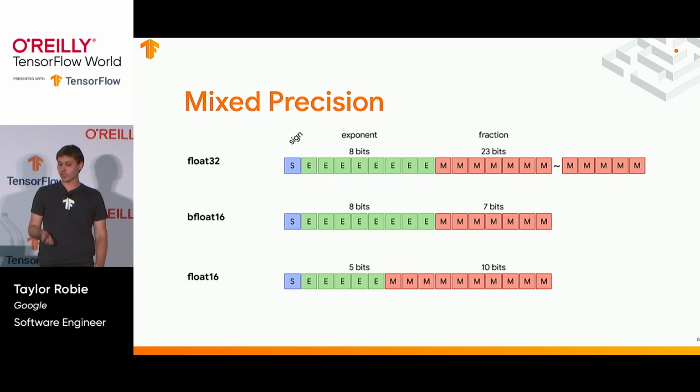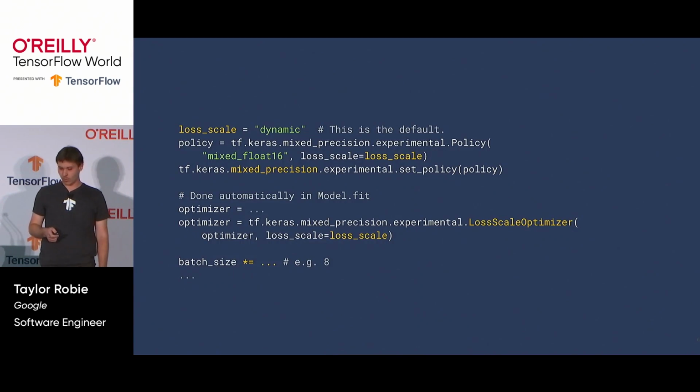And the other is float16, where we give up some exponent in exchange for keeping a little bit more mantissa. And what's important about these formats is that they actually have native hardware support. So TPU has hardware support for very efficient bfloat16 operations, and GPUs have support for very efficient float16 operations. So if we can formulate our computation in these reduced precision formats, we can potentially get very high speedups from the hardware.